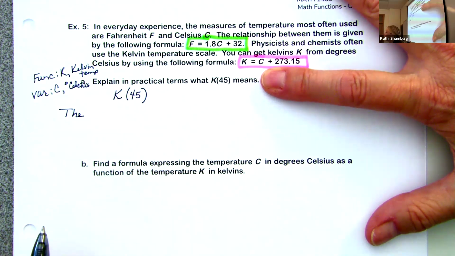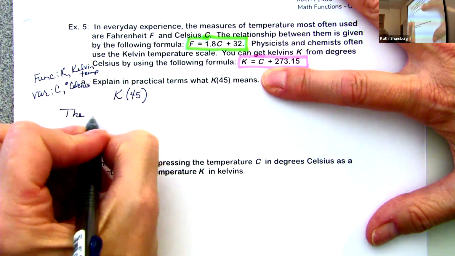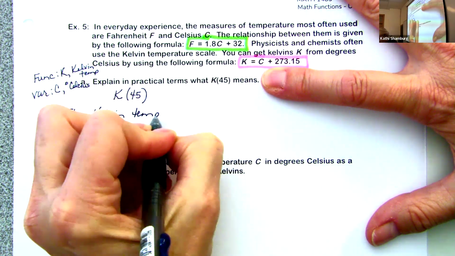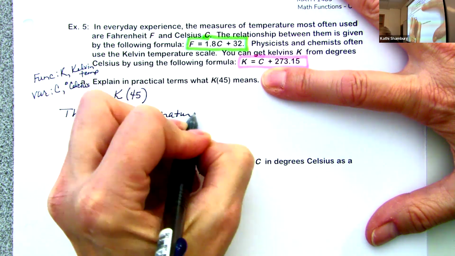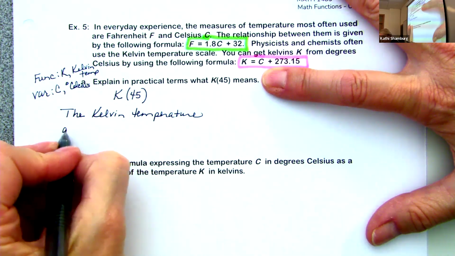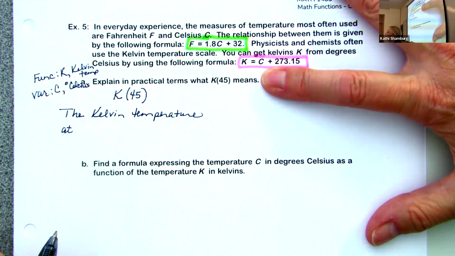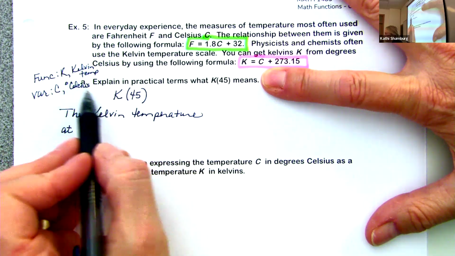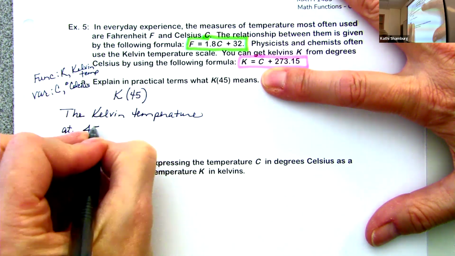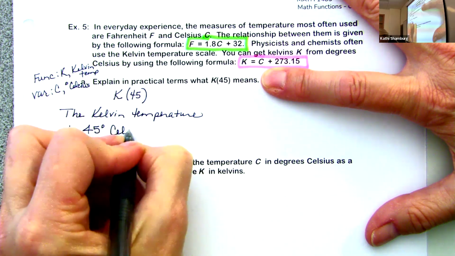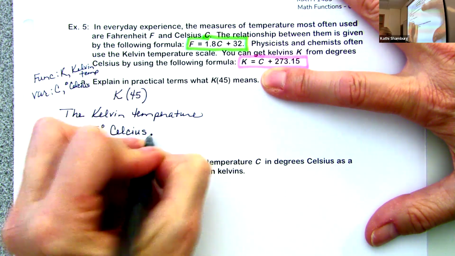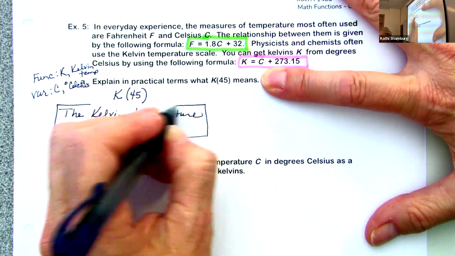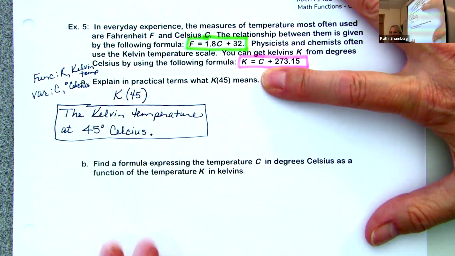The temperature in Kelvin, or the Kelvin temperature, at what? 45 degrees Celsius. And we don't know what it equals yet because it hasn't asked us to do that yet. So this is all I would put for the explanation.